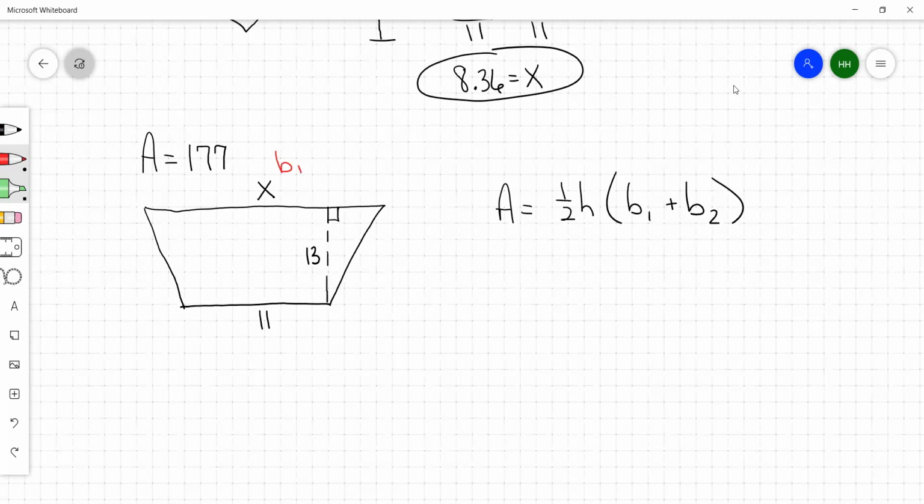And what's the other one, the 11? B2. And what's the 13? It's your H. So now substitute. You got 177 equals 1/2 times the height, which is 13, times base 1, which is X, plus base 2, which is 11.